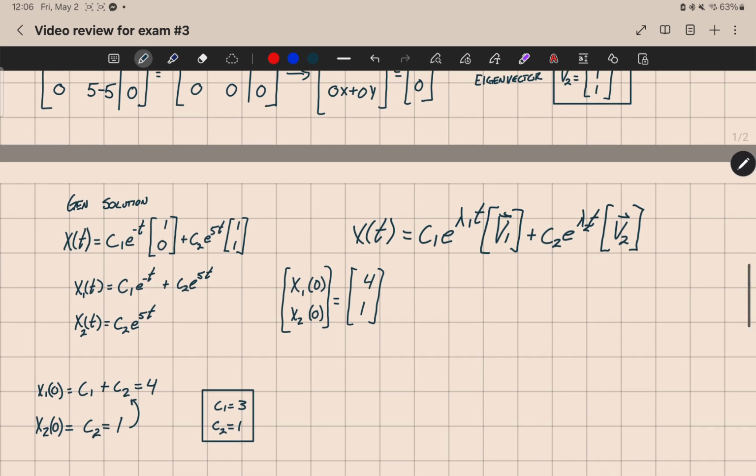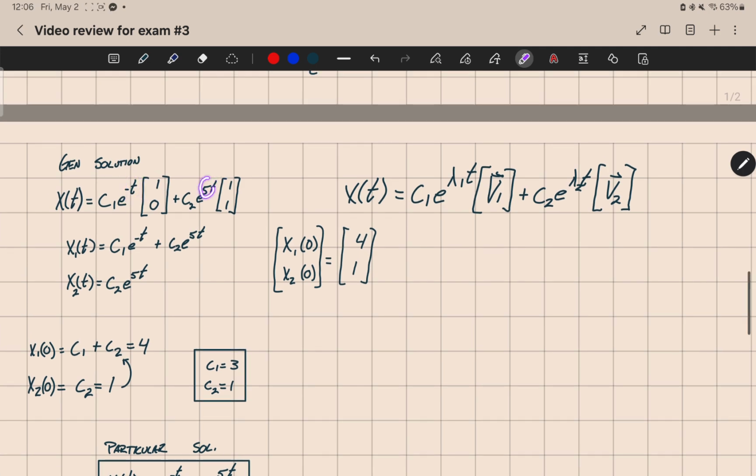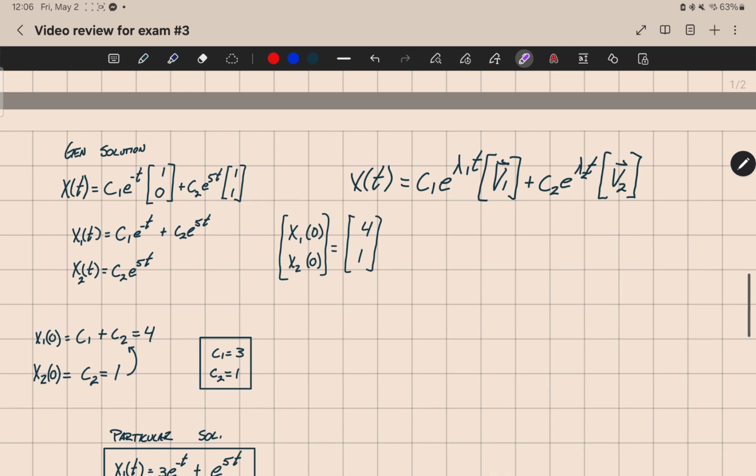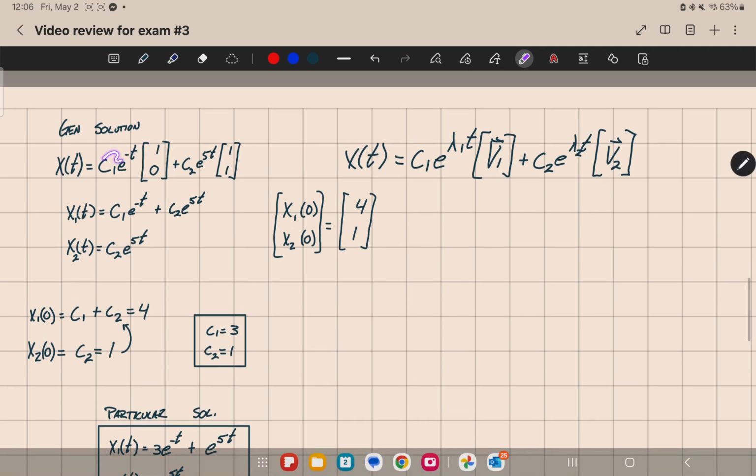So after that, we're just going to plug in, and this goes pretty smooth. So plug our lambda 1 in here, get the -1t. Lambda 2 in here, get the 5t on our e functions there, and we multiply in for x1.